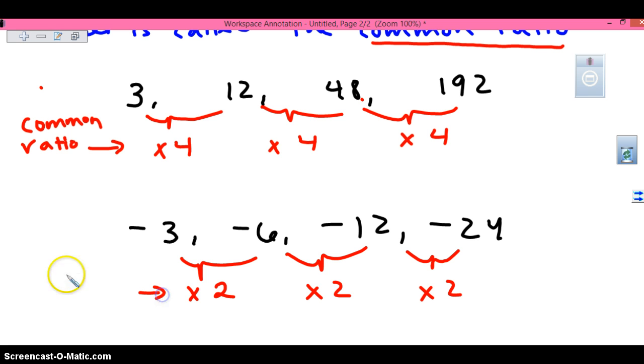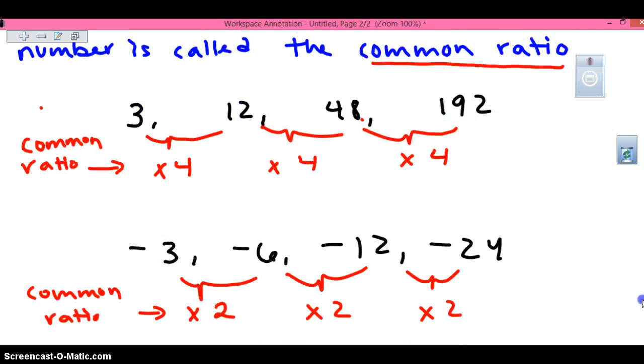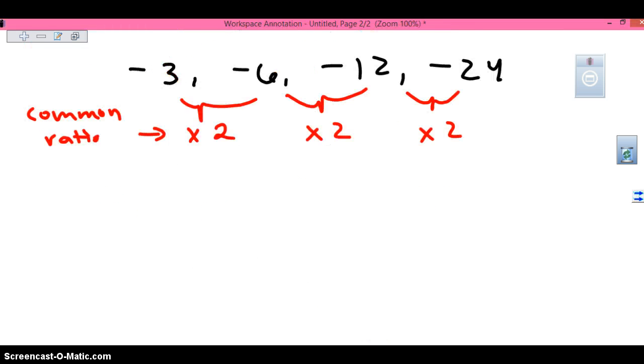So the common ratio is 2. So notice that in both geometric sequences, we're multiplying the term in the sequence by a fixed number to find the next term. So let's say we have this sequence, 80, 20, 5, and 5 over 4.